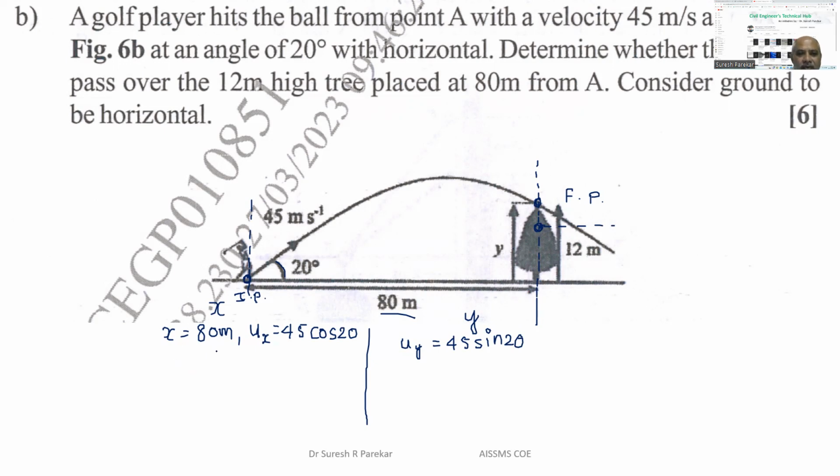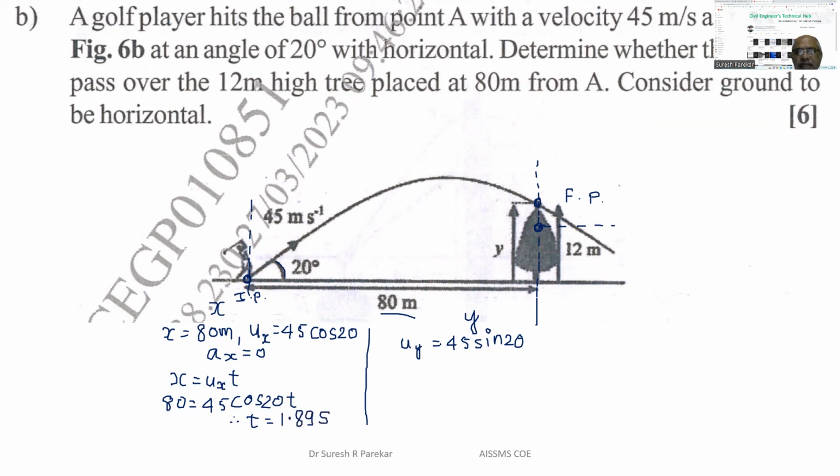Now we know ax is 0 because we have projectile motion, so it is motion under gravity. Then we have x equals ux into t. Now x is 80, ux is 45 cos 20 into t. From this we get the value of t, which I have calculated as 1.89 seconds.